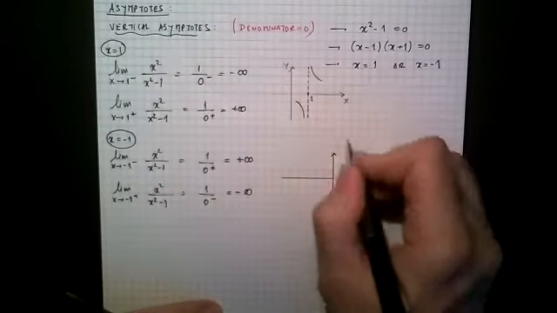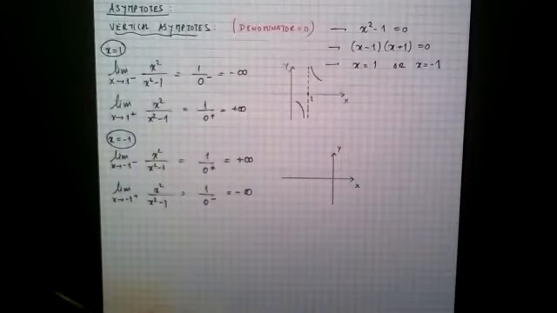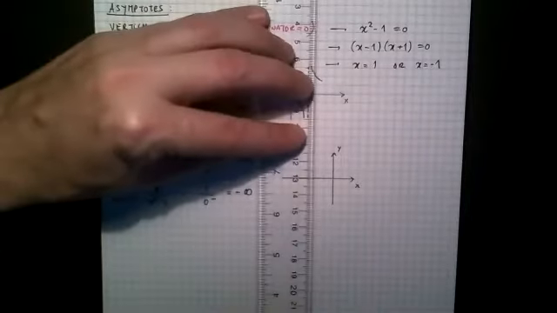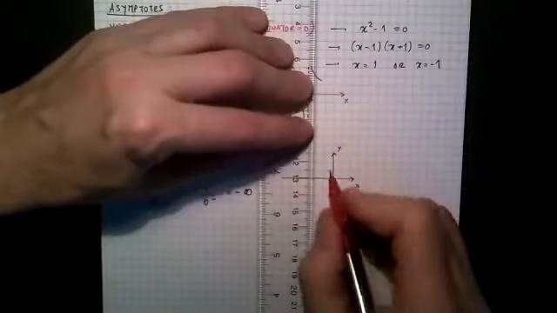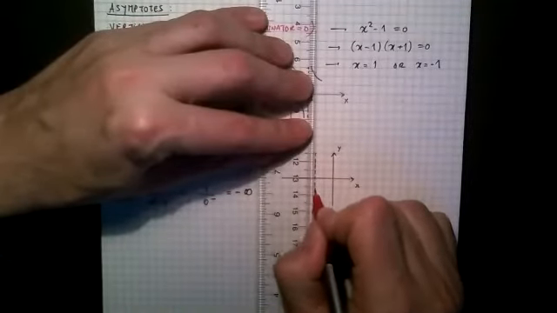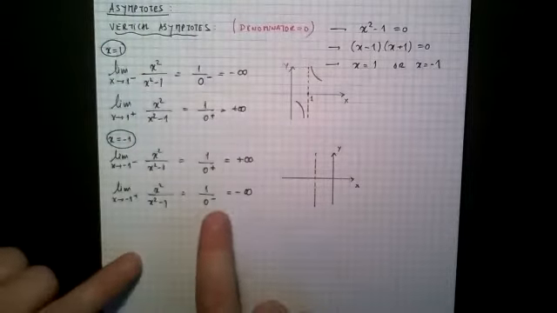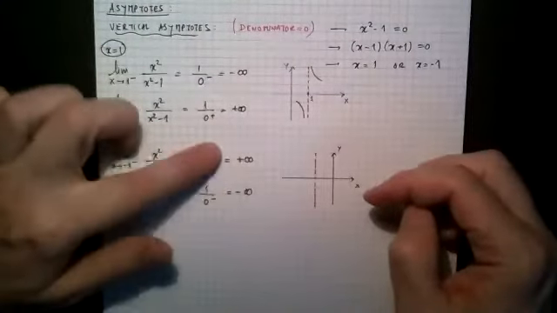Sir, why is the limit not the same as at x equals 1, if it's squared? Why is it the opposite, plus and minus? Yes.